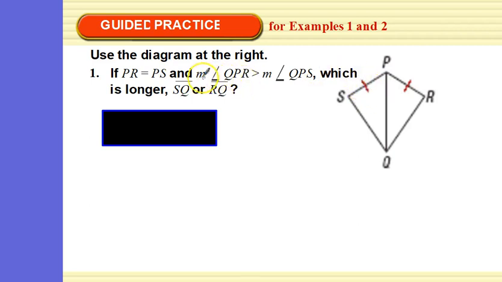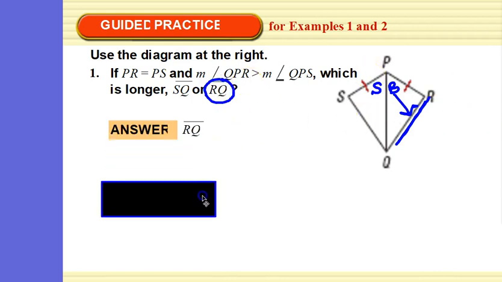And then they said that the measure of QPR is greater than QPS, so big, small, right? Which is longer? Well, the longer one is across from bigger, so RQ. Larger angle, larger side.